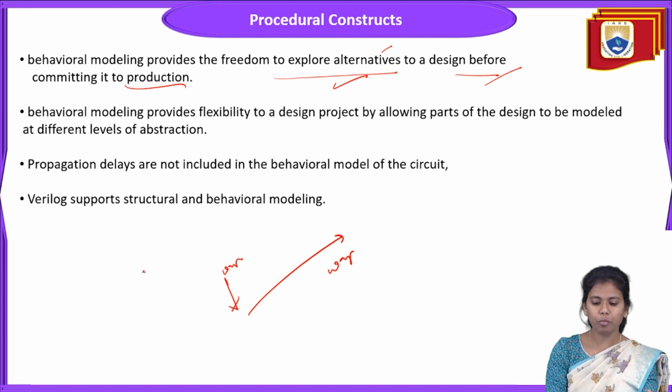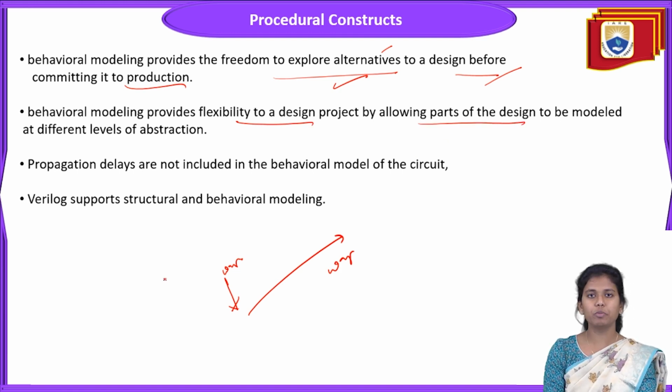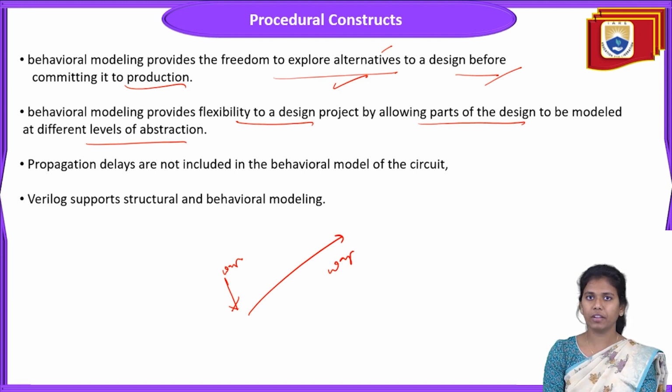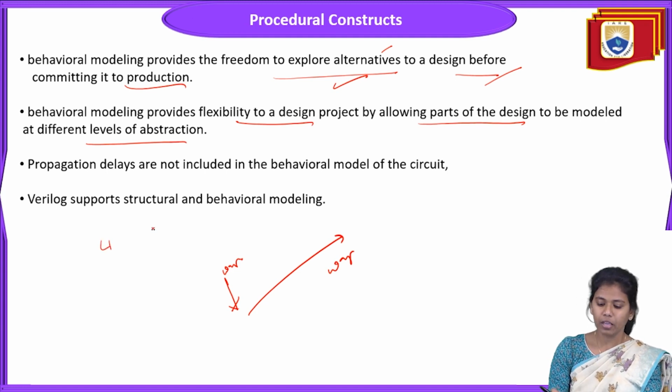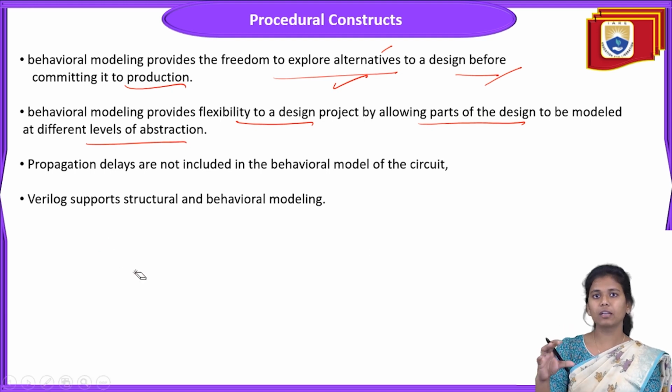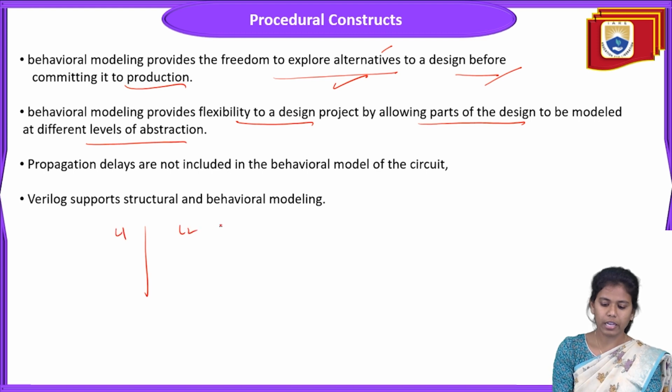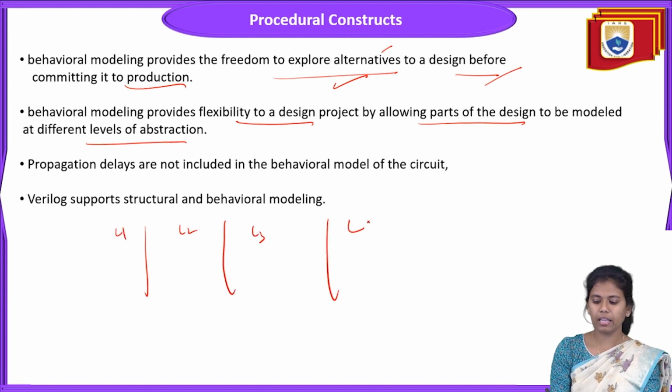Okay, and also behavioral modeling provides flexibility to a design project by allowing parts of the design to be modeled at different levels of abstraction. So it gives a flexibility at different levels. For example, in order to develop a complex circuit, it has to go through 4 levels: level 1, level 2, level 3 and level 4.